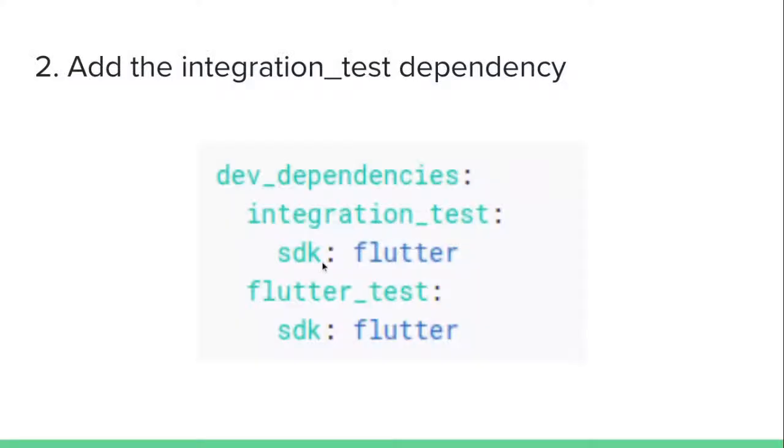So the second step is adding the integration test dependency. You can add the integration test and Flutter test packages to write integration tests. Add these dependencies to the dev dependencies section of the app's pubspec.yaml file, specifying the Flutter SDK as the location of the package.